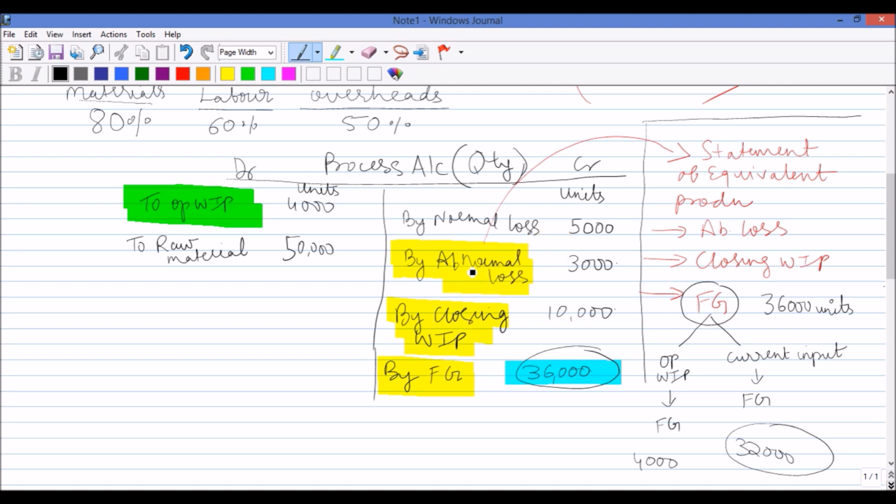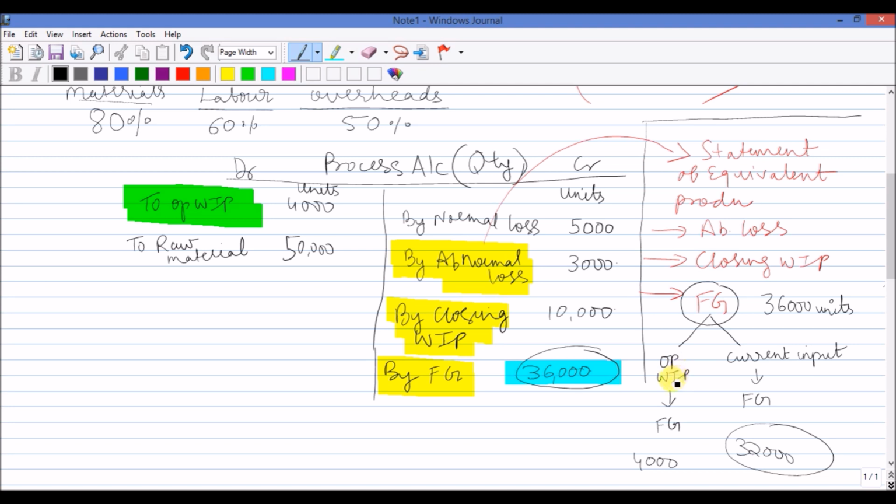Now friends, for these three parts, the abnormal loss, the closing work in progress, and the finished goods, we are going to prepare a statement of equivalent production. So the statement of equivalent production will have three components: the normal loss, the closing work in progress, and the finished goods. You need to remember that finished goods will be composed of two parts.